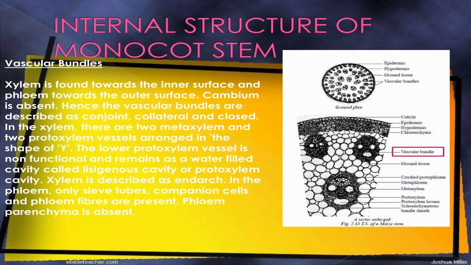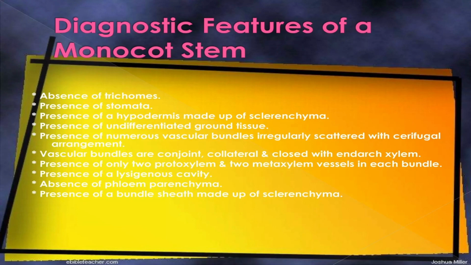On the inner side of the protoxylem, a water cavity is present. It is formed by the breaking of protoxylem vessels. Secondary growth is absent in monocotyledons because the cambium is absent in the vascular bundles.